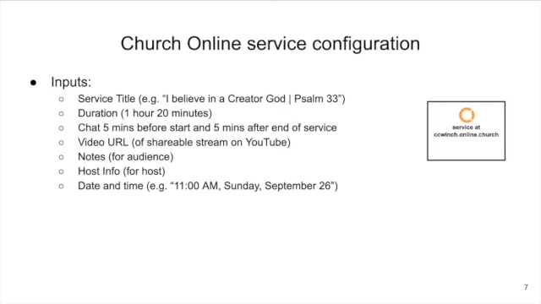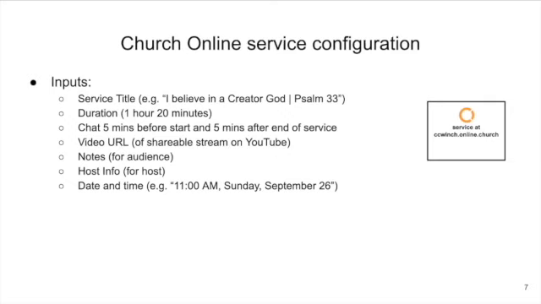Then there's the video URL, the thing from YouTube that gets configured in, and there's a specific button for YouTube, so it understands YouTube. Well, for video URLs, we'll see that in the configuration. Then there are two text blocks essentially. One is a set of notes for the audience, standard stuff about the church and more information.